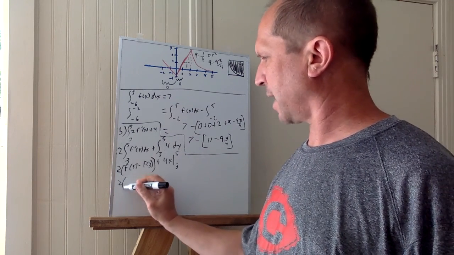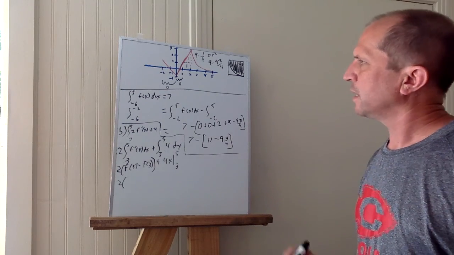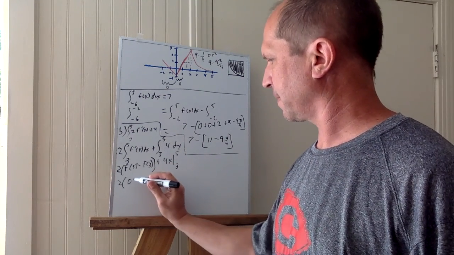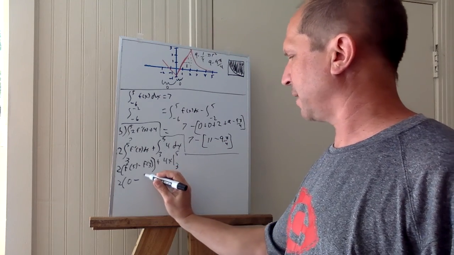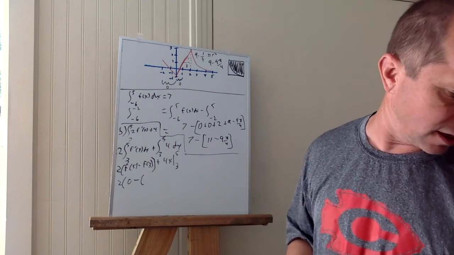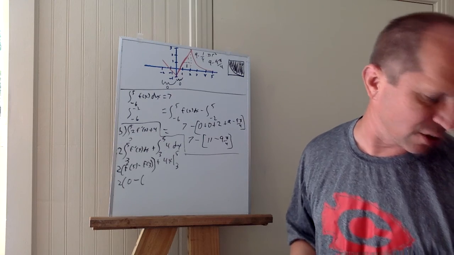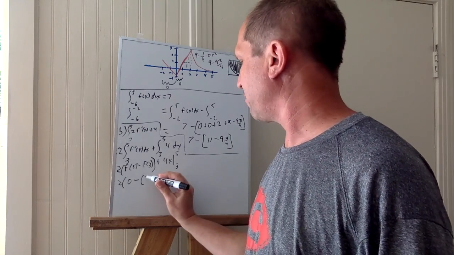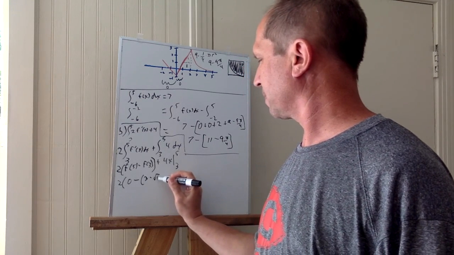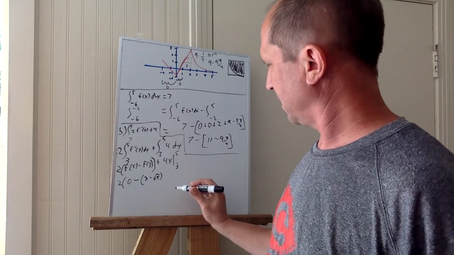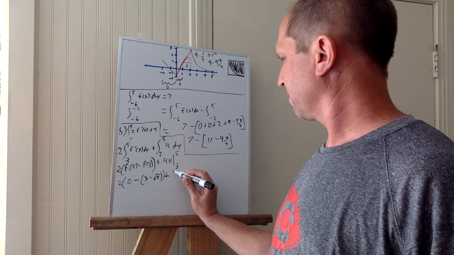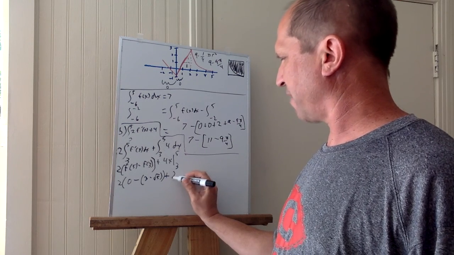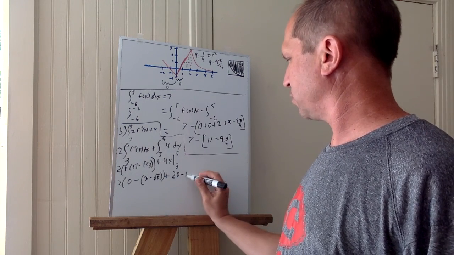So we have 2 times, all right, f of 5 is 0. And f of 3 is, they just happen to give us that information in the problem. They told us that it is 3 minus the square root of 5. And then plus 4 times 5, which is 20, minus 12.